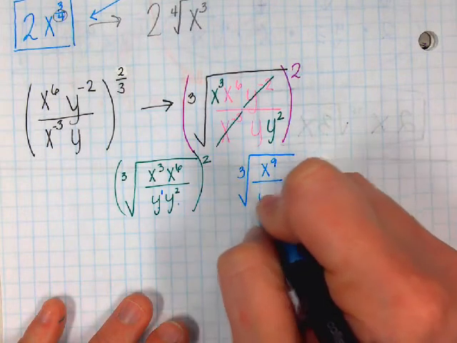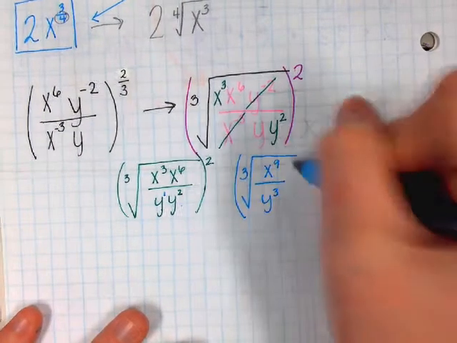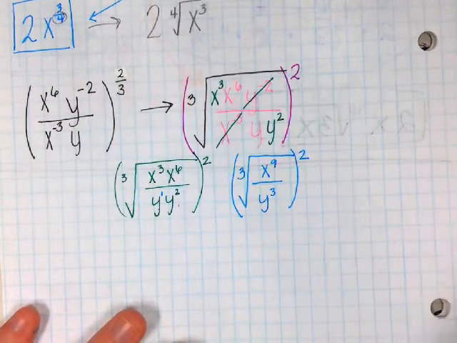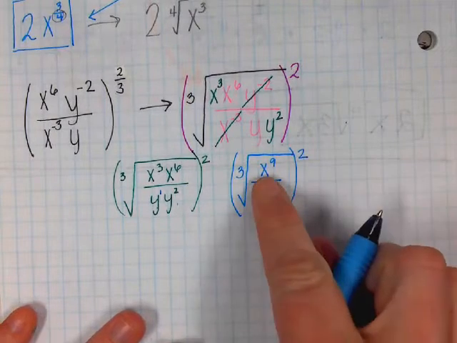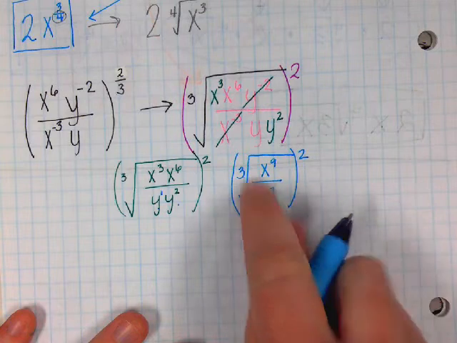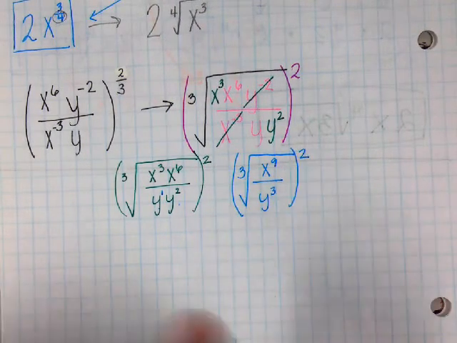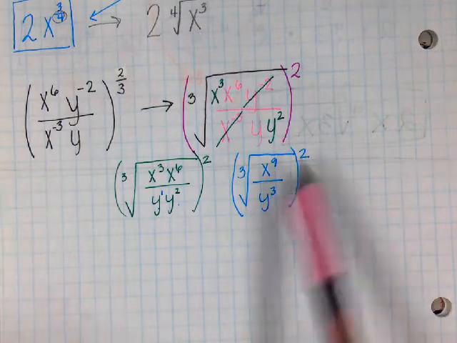Remember there's an implied exponent of 1 there, so it'd actually be y cubed. And then again, we still have to write that squared until we get all the way done. I cannot do any more simplifying on the inside, so I need to now deal with the cube root. Leave the squared till the very end.